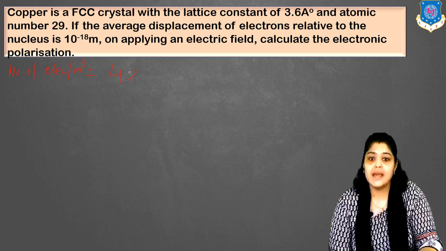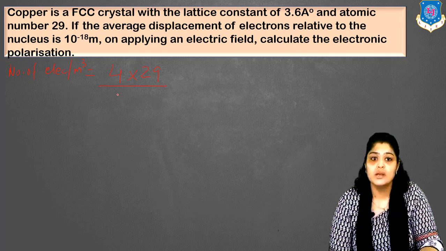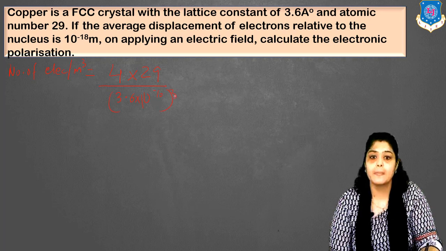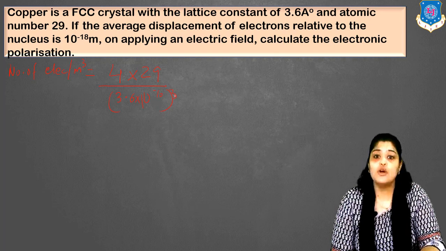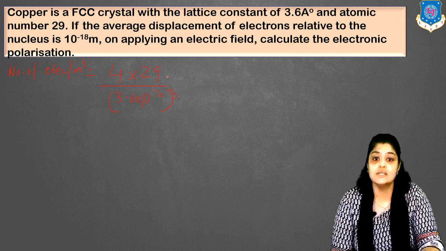This should be multiplied by its atomic number and divided by a cube, that is lattice constant cube. Here we have 3.6 into 10 raised to minus 10, cubed.